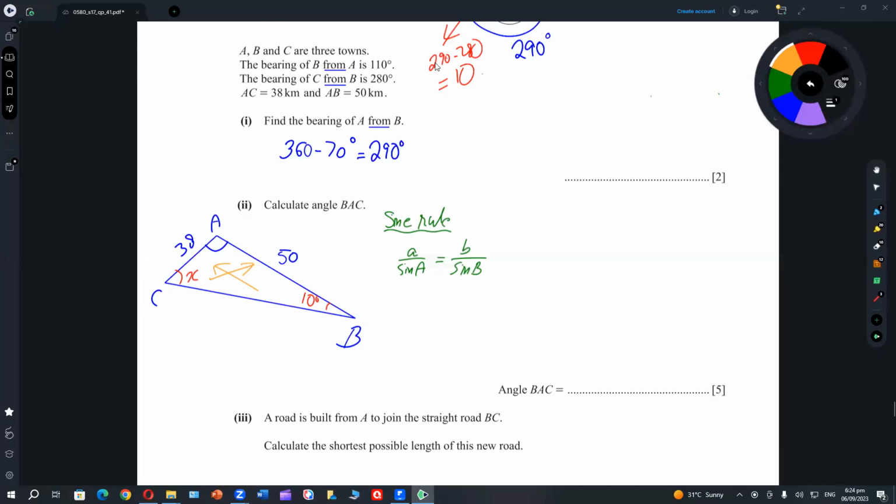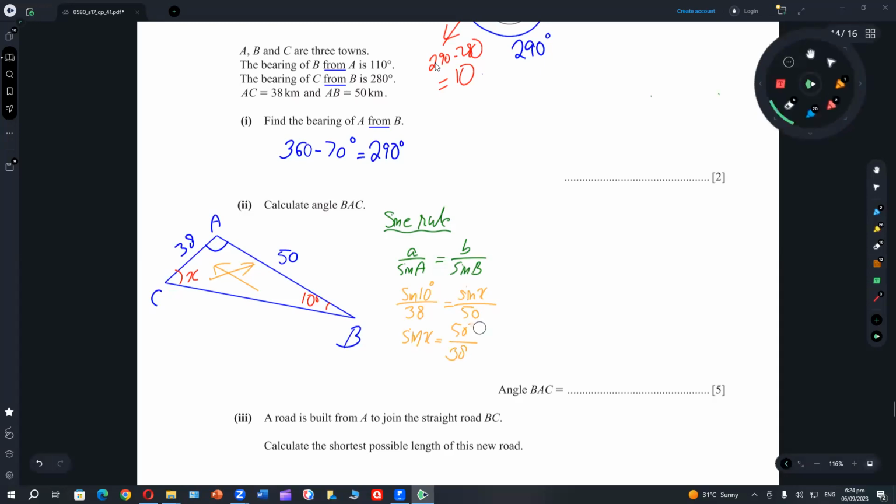Yes. So look at these steps carefully, copy them.